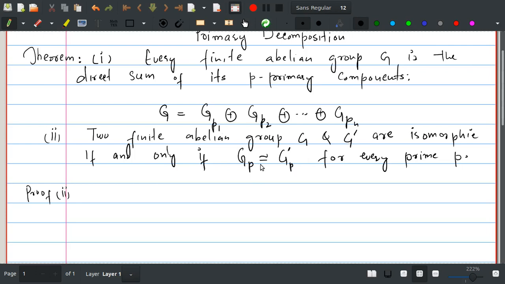Then we'll assume this holds and prove these two groups are isomorphic. So let us assume that G and G prime are isomorphic, and let f from G to G prime be a homomorphism.